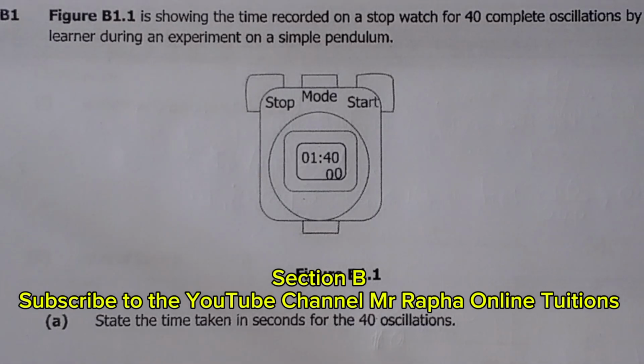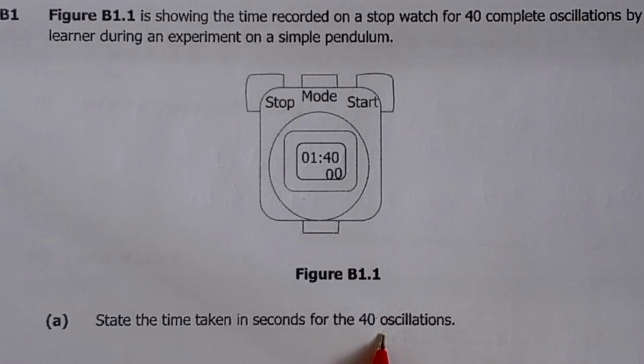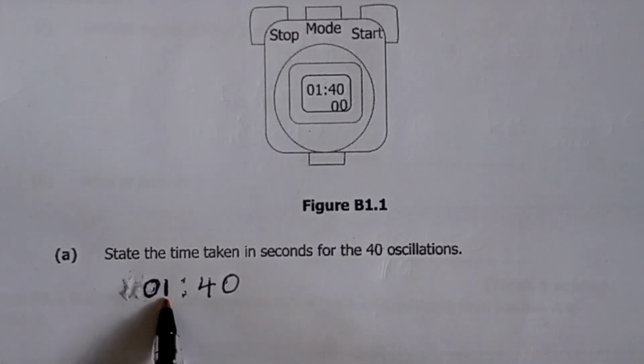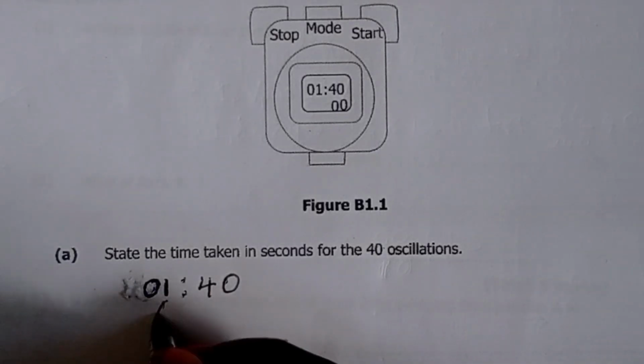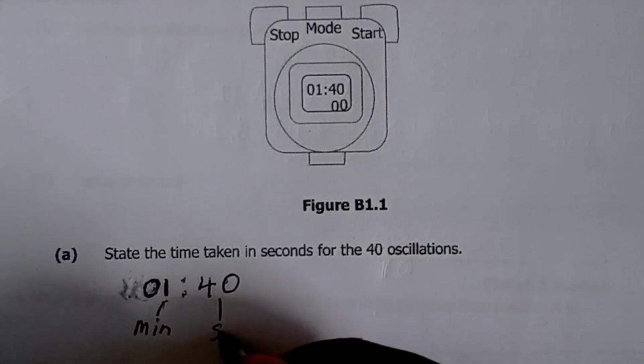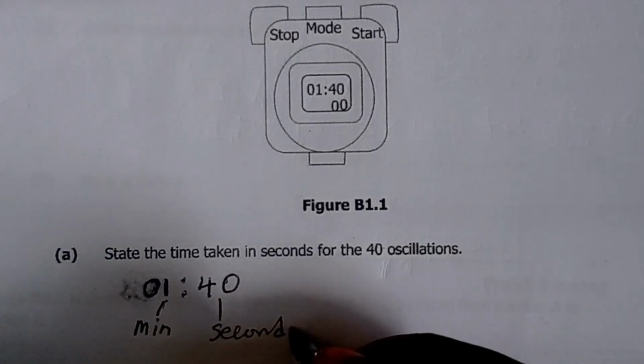Section B. Figure B 1.1 is showing time recorded on a stopwatch for 40 complete oscillations by Elena during an experiment on a simple pendulum. Part A, state the time taken in seconds for the 40 oscillations. Time taken is 0, 1, 40. So this 1 is a minute, and these are seconds.